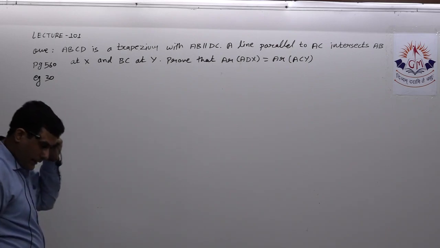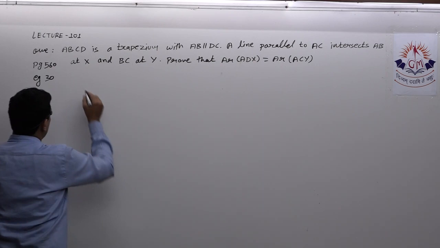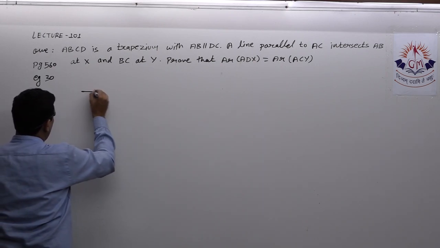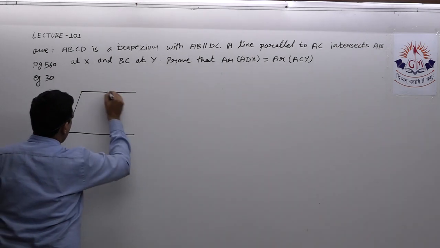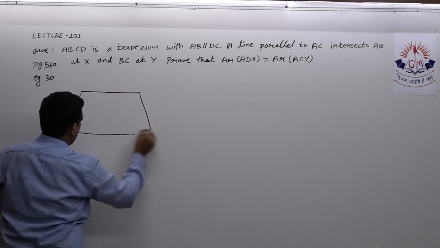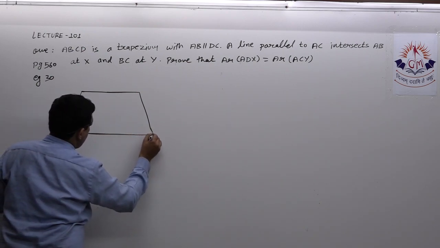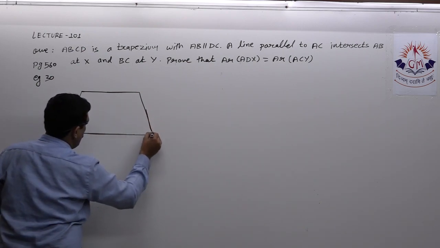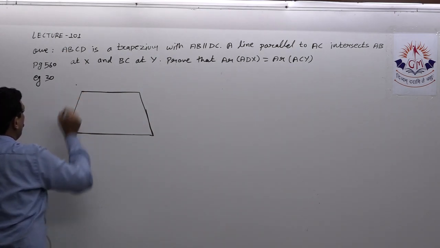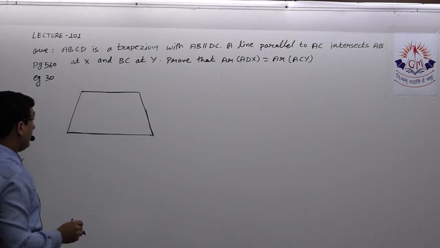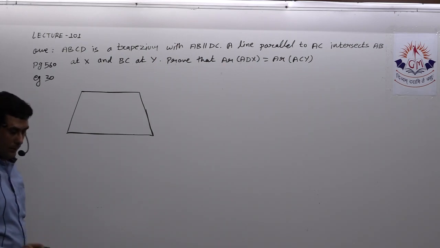Okay, so here again diagram is not given. So ABCD is a trapezium. First of all, let me draw the trapezium ABCD. ABCD is a trapezium with AB parallel CD, and a line parallel to AC is drawn.